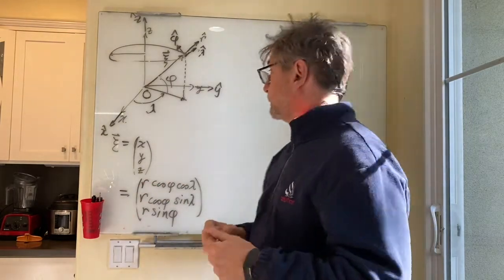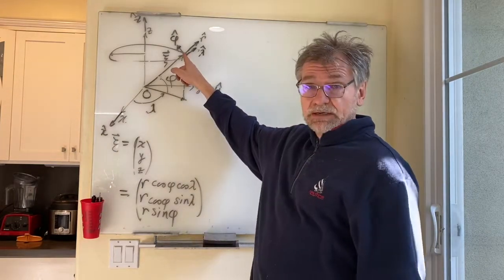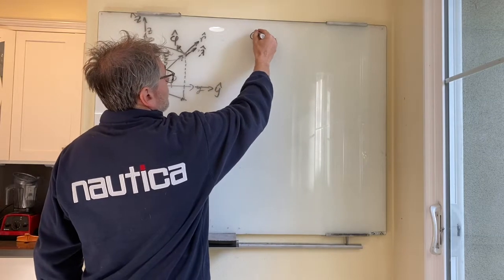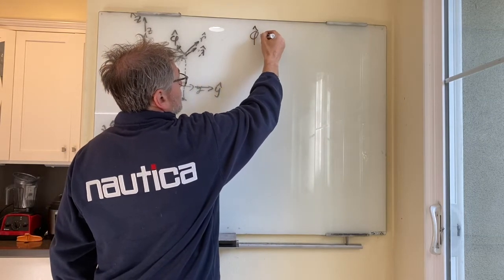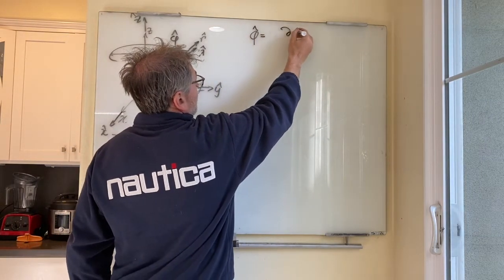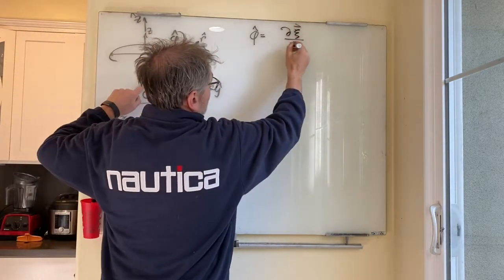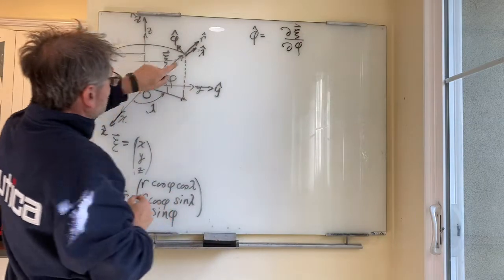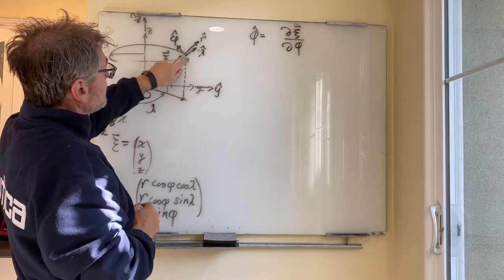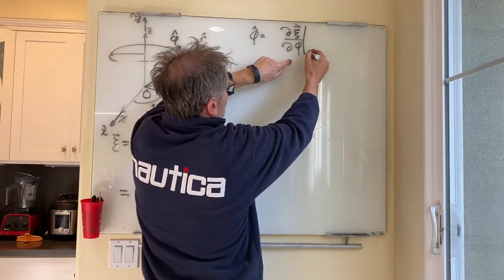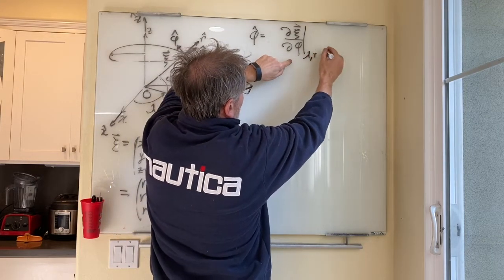For example, if I want to find the phi hat unit vector, it's going to be equal to the derivative of the c vector with respect to phi. That would be a vector in the direction of increasing phi, and this derivative is done holding the other two coordinates fixed, so lambda and r are held fixed.